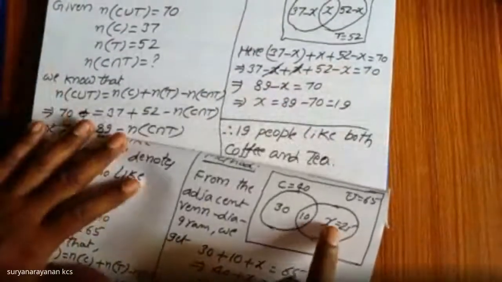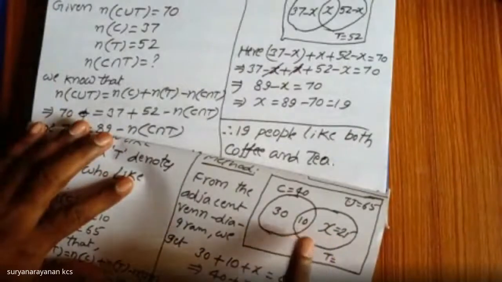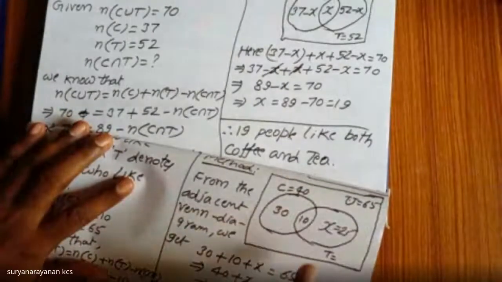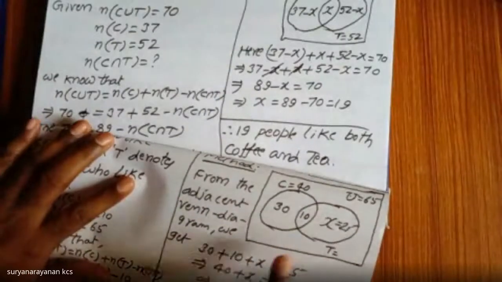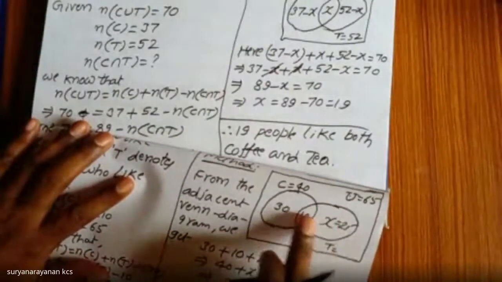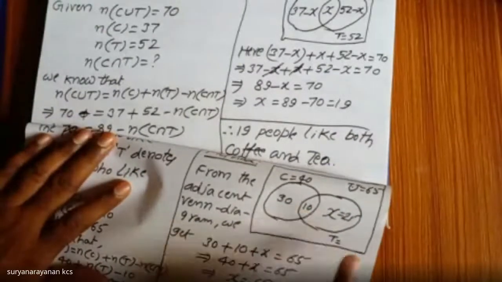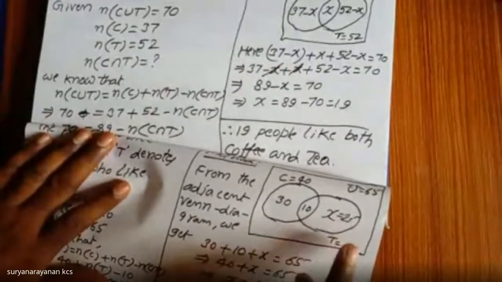This part means this area plus this area gives the total circle. Yes or no? So this total circle is a combination of the joining of these two parts. This part denotes intersection of C and T, and this denotes T minus C.